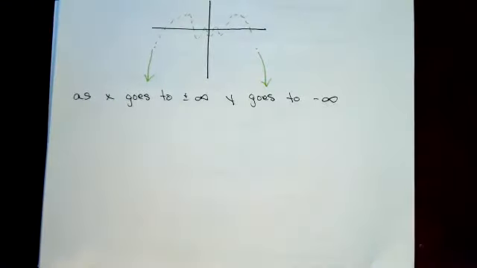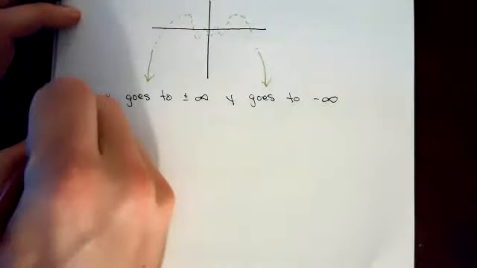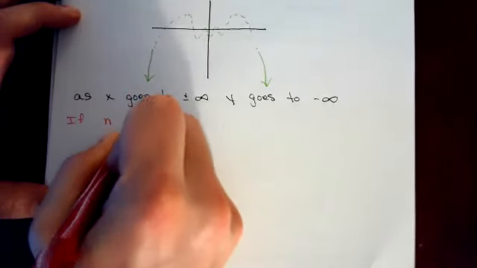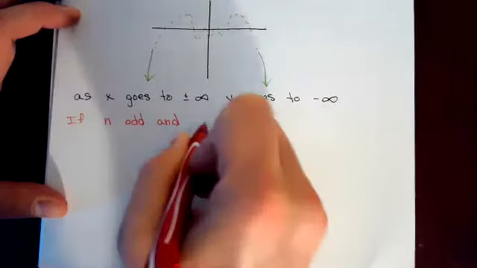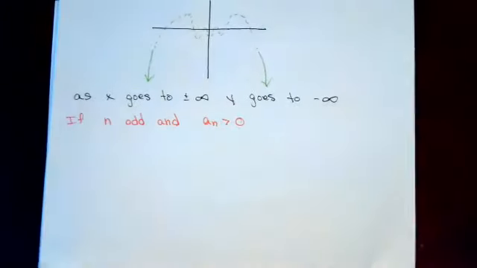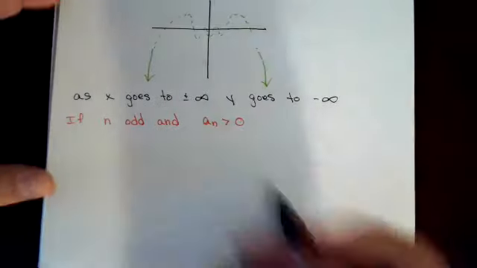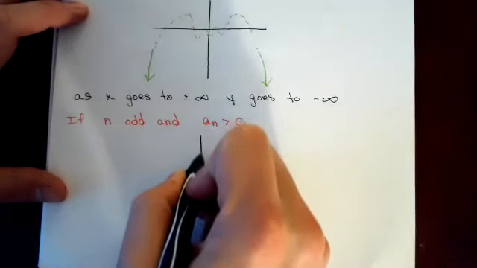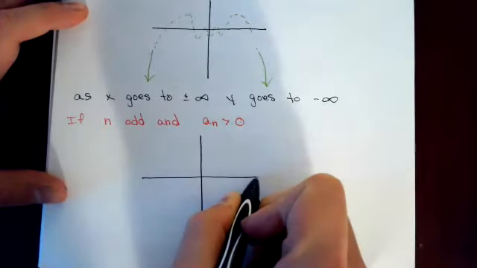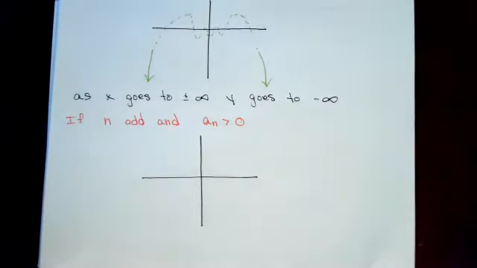If the degree is odd, though, so if n is odd, and let's go ahead and start off with a positive leading coefficient. Odd degree polynomials, the endpoints point in different directions. So one's always going to positive infinity, the other one's going to negative infinity.